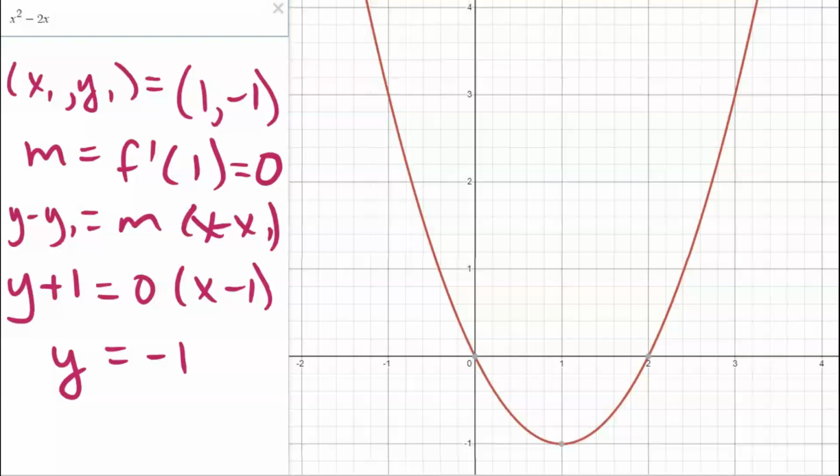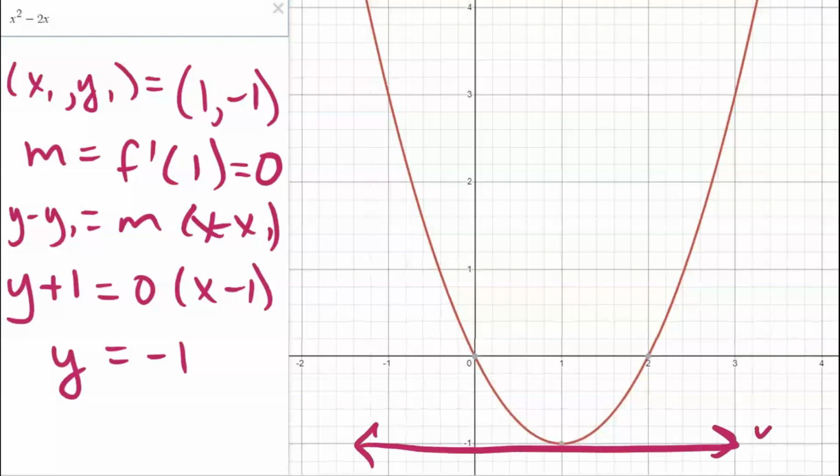So this is a horizontal line through negative 1, and that is what our graph is telling us too. So there's our tangent line at y equals negative 1. The slope is 0 because it's a horizontal line. So we can interpret the derivative at x equals 1 being 0 to mean that the slope of the function at that point is 0.